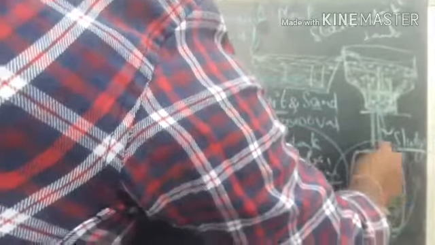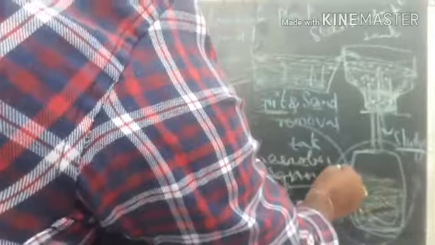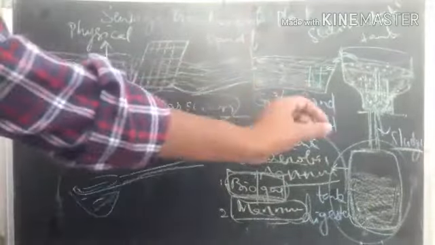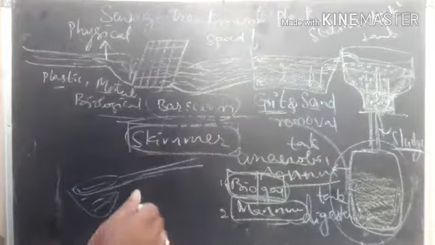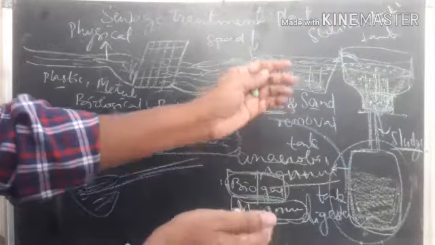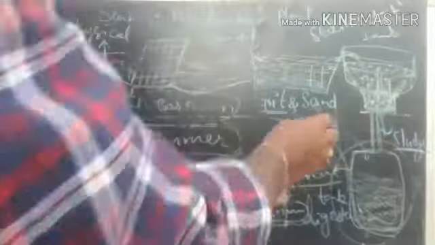Now this sludge is allowed to enter the digester tank. The digester tank is a closed vessel where there is no entry of any gas.